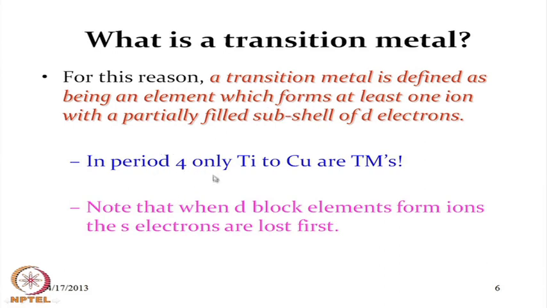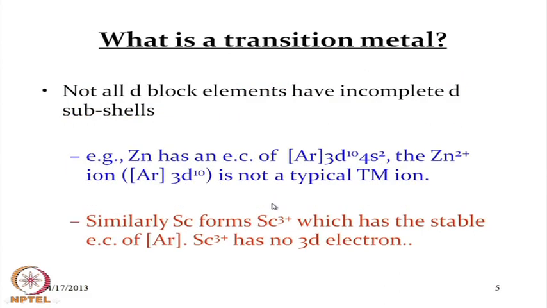So, in period 4 only titanium to copper we can therefore consider as the transition metal ions, and when we are forming the corresponding ion, the s electrons are lower in energy. So, for the bivalent species formation, the s electrons are lost first, then the d block electrons start losing from the system.